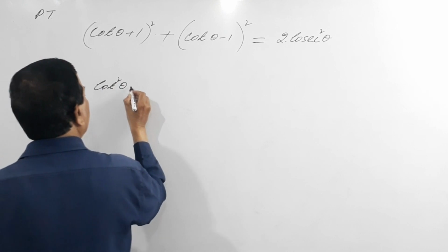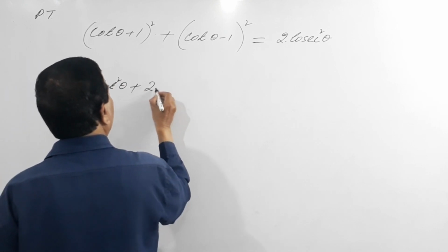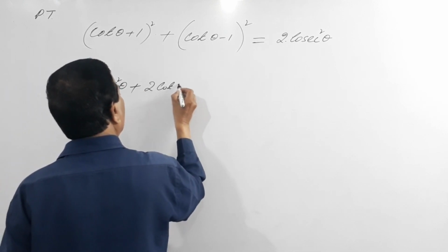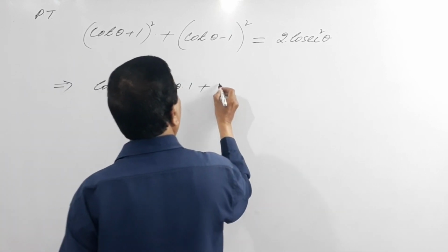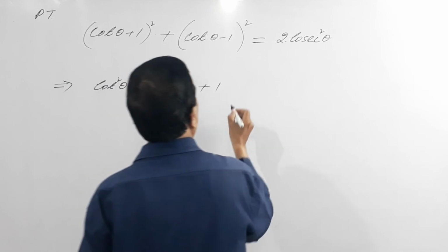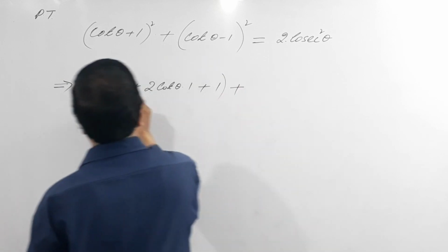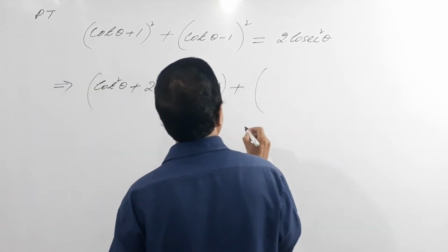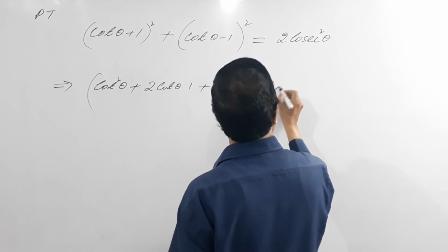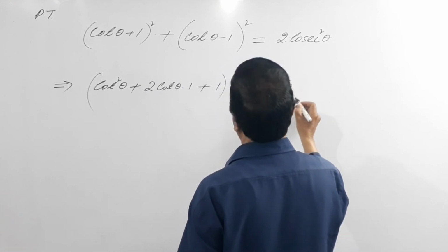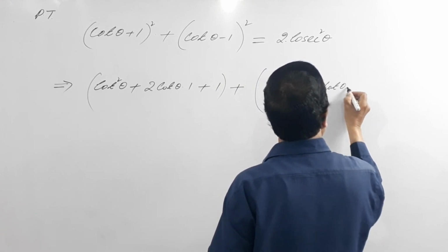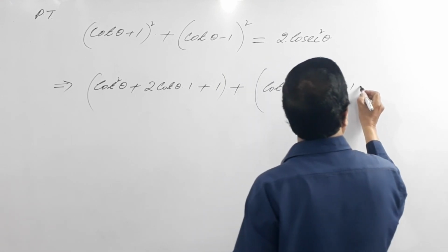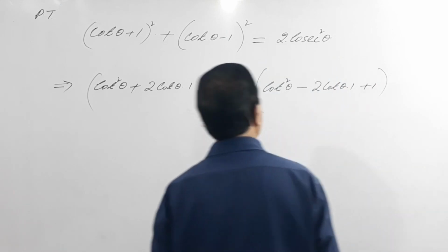cot square theta plus 2ab, 2 cot theta into 1, plus 1, isn't it? Plus, I'll put this in brackets so that it will not get confused. So this is again cot square theta minus 2ab into 1 plus 1.